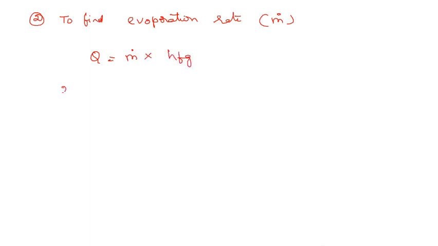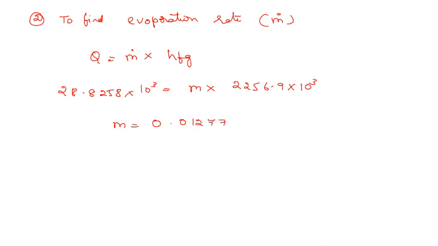So Q is equal to 28.8258 into 10 to the power 3 is equal to mass flow rate into 2256.9 into 10 to the power 3. So on calculation, you will get the value to be 0.01277 kg per second.